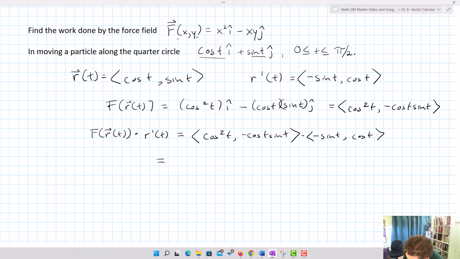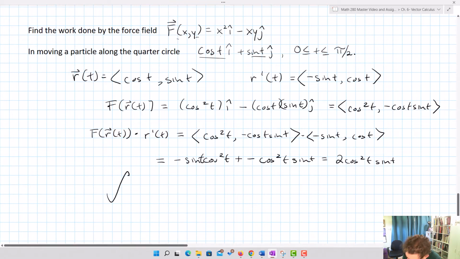This is going to be negative sine t cosine squared t plus negative cosine squared t sine t, which equals negative 2 cosine squared t sine t. So that's F dot dr. We're going to take the integral then from 0 to pi over 2, and this is going to be for 2 cosine squared t sine t dt.